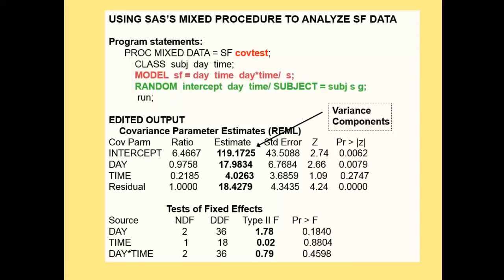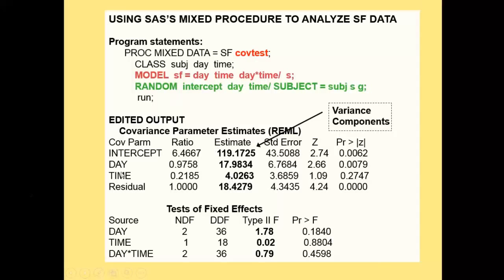Remember I had these three, they were the same, so I'm only getting one of these, and this is the variance estimate for time with subjects. Okay, so that's what you're getting here.